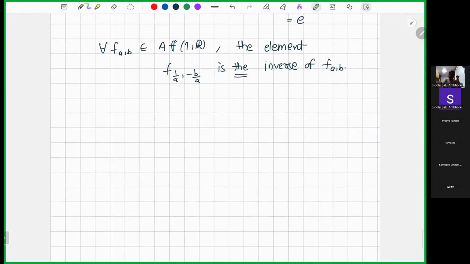So what we need to check is the commutativity, or as Pragya said, the abelian property.